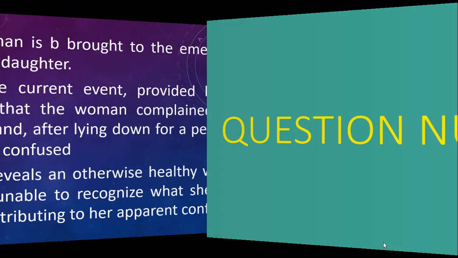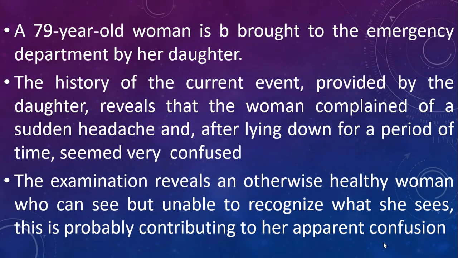Question number 9. The 79-year-old woman is brought to the emergency department by her daughter. The history of the current event provided by the daughter reveals that the woman complained of a sudden headache and after lying down for a period of time seemed very confused.